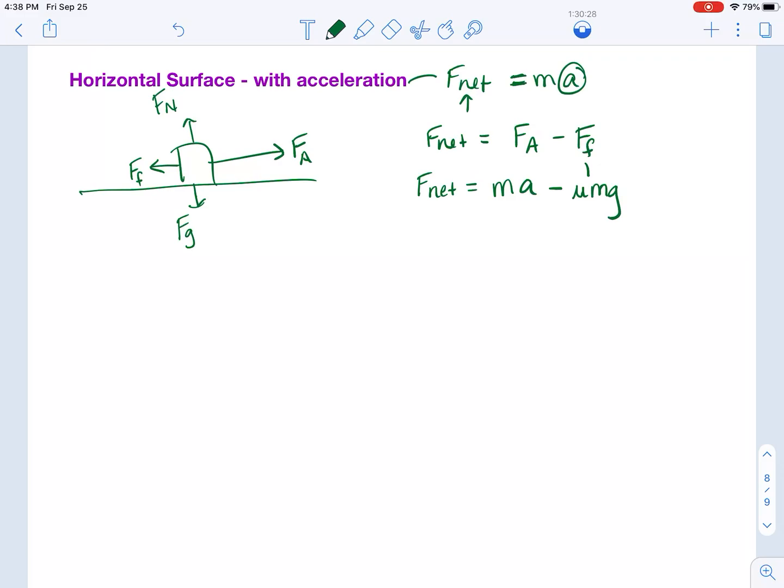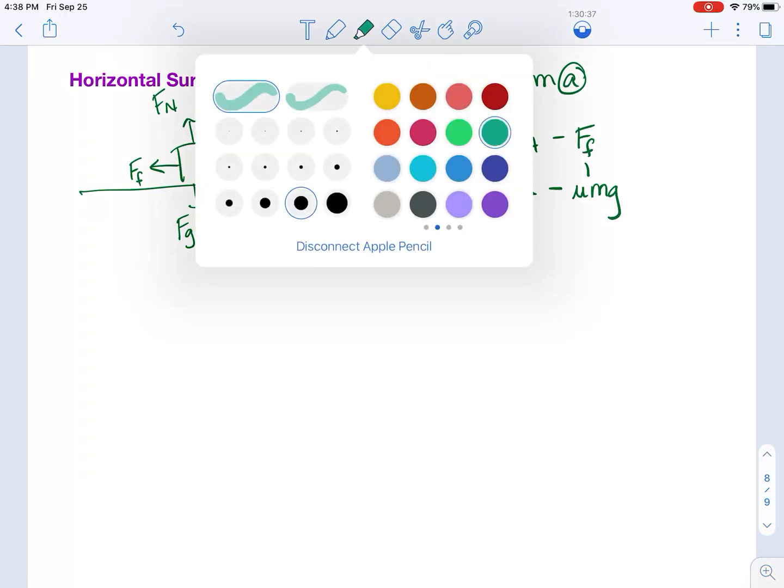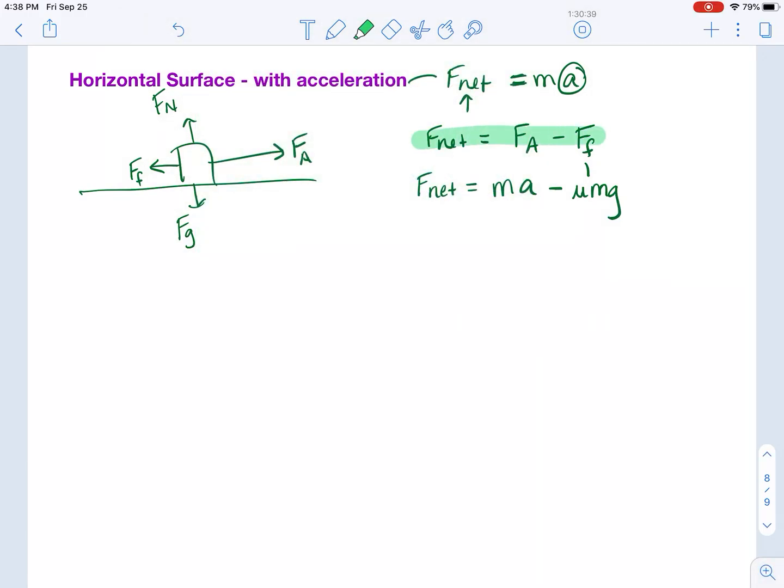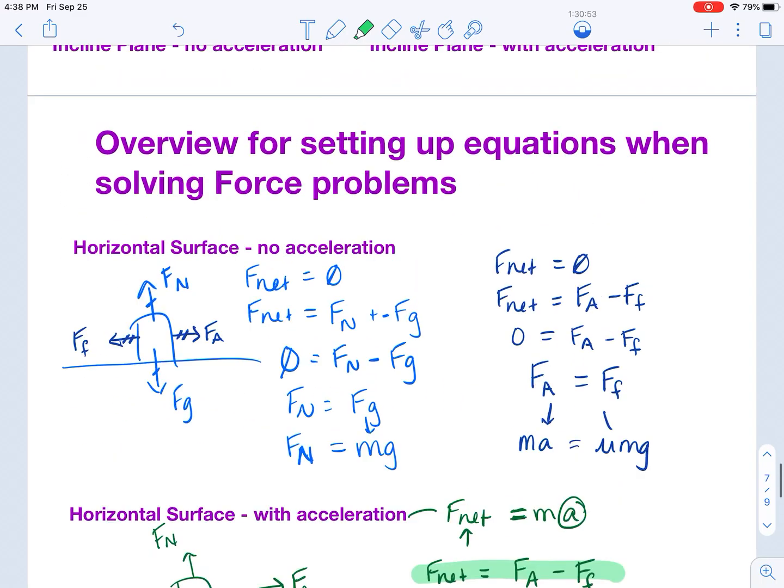So once again, it really just depends on the specifics of the problem, but you need to understand that this formula right here is the relationship for an object that is experiencing an acceleration. There is a net force there, and so we have to make sure that we account for the net force, okay?